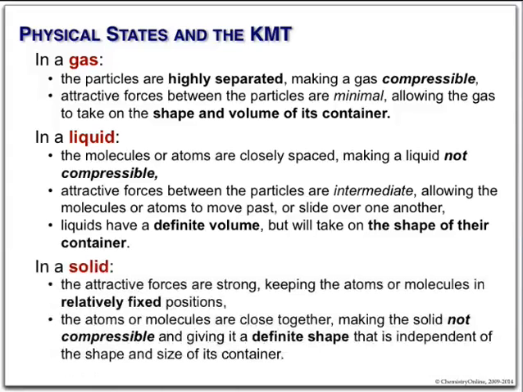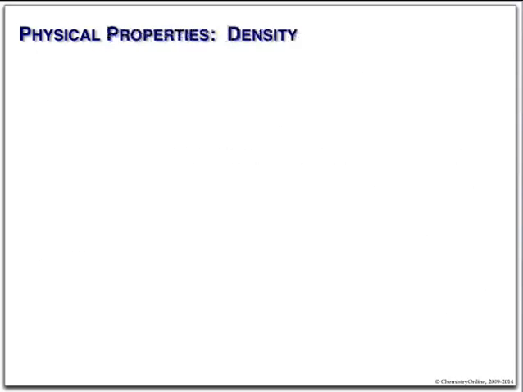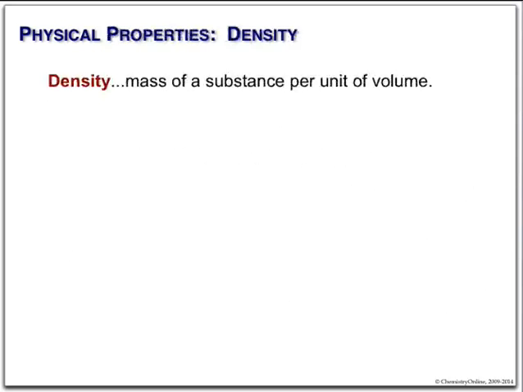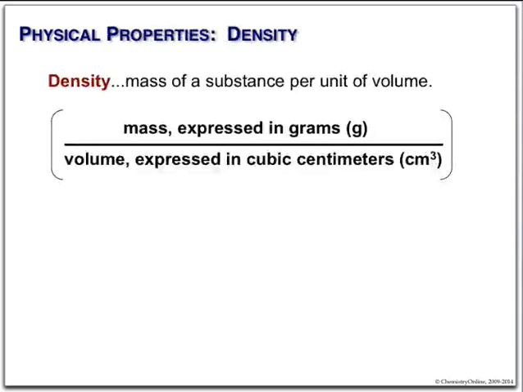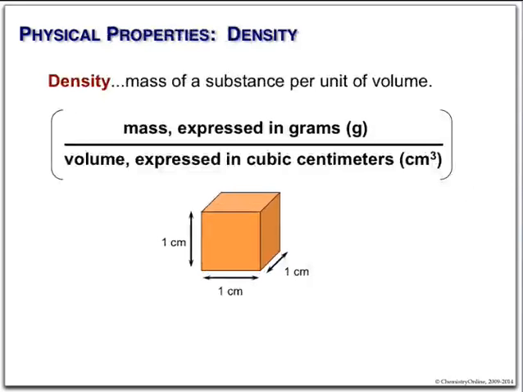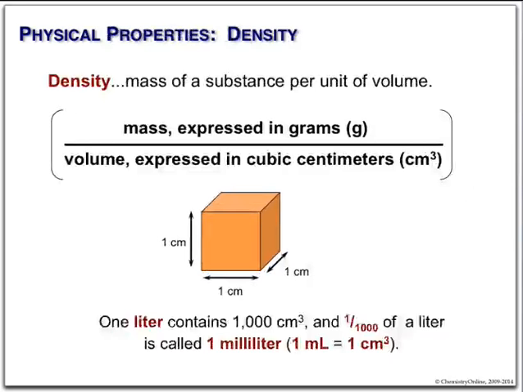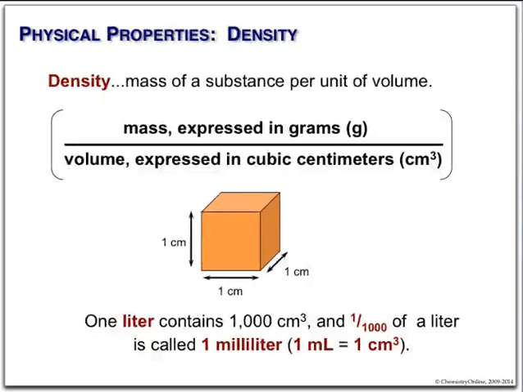All right, let's move on to the concept of density. Density is simply mass per unit volume. Now, what we mean by mass per unit volume, here I have 1 cubic centimeter. It's a cube. That means it's 1 centimeter on a side.